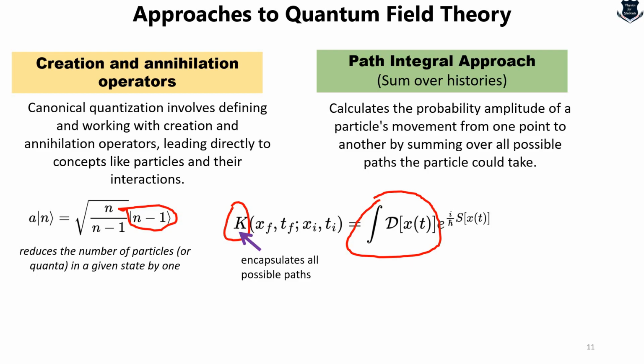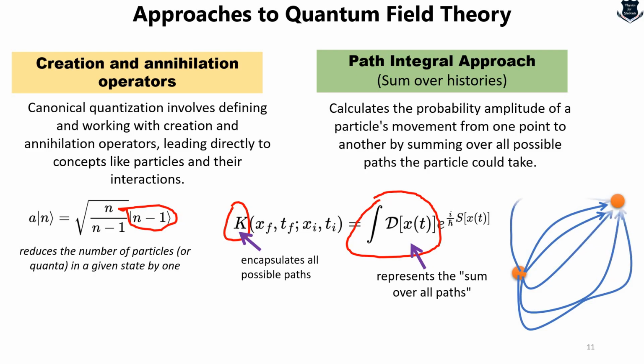And this integral operator represents the sum over all the possible paths from xi to xf. I mean to say any point in the interval that we are taking. So it goes from xi to xf. Here there are 2 points. Instead of going from this to this and this to this, we are taking all the blue lines. Here you can see all those blue lines which are emerging.